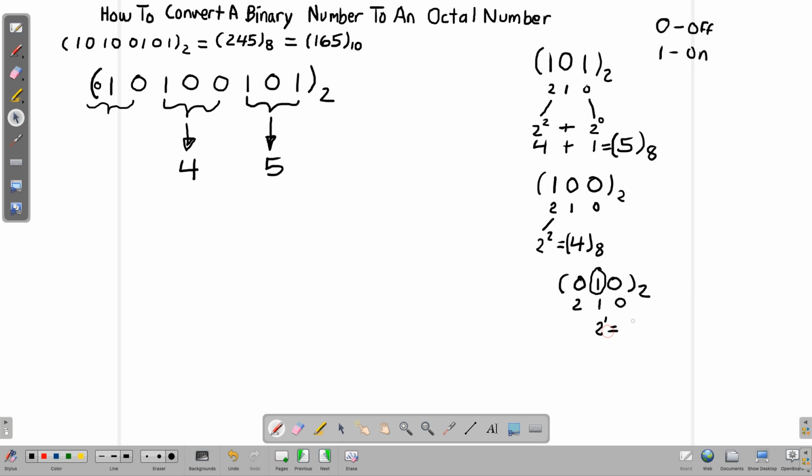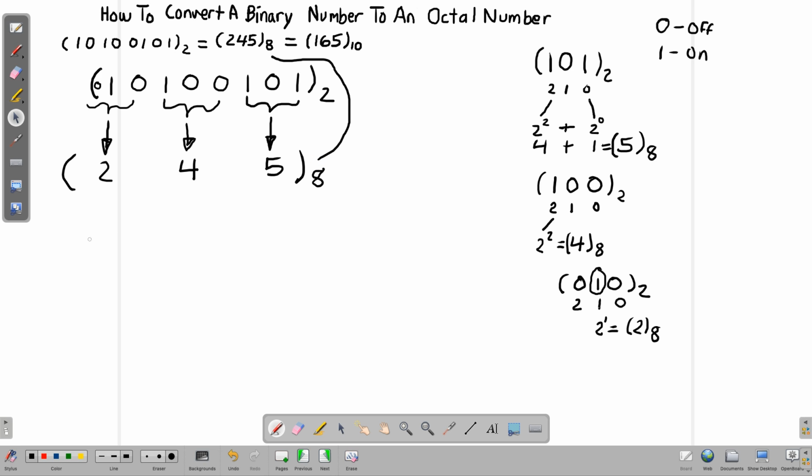And so that represents an octal value of 2. And so this group represents the value 2. So we have 245, which is in the octal system, and this is what we wanted to show. So it matches this value.